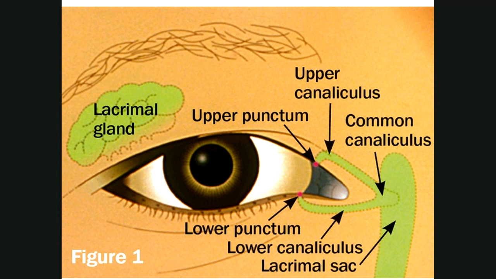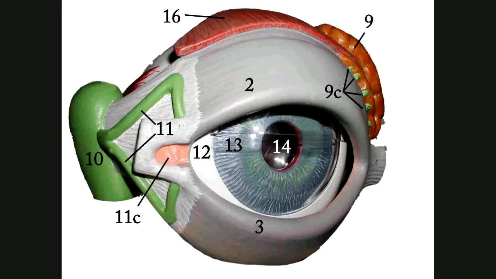So if we look at that on the model, it looks like this. So here is the lacrimal gland right there, and that's what's going to produce those tears. It's going to go through these little ducts, these little green things that you see, onto the surface of the eye. When we blink, we wipe across the surface of the eye.